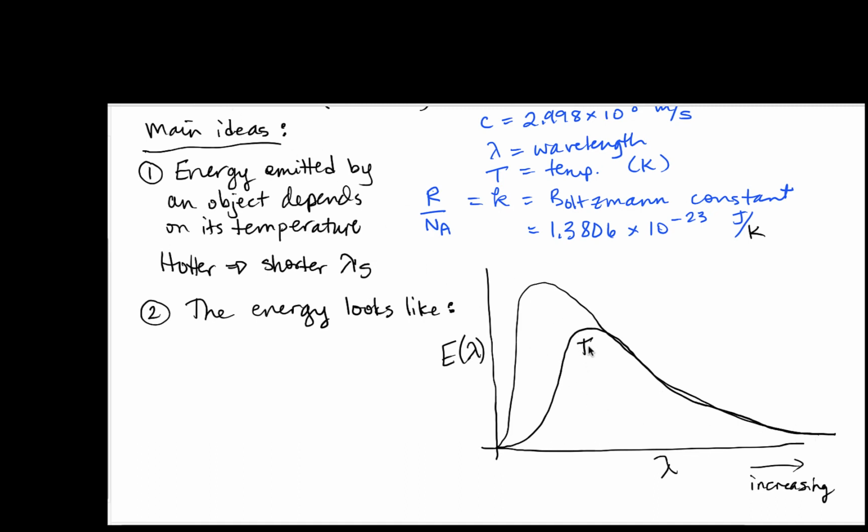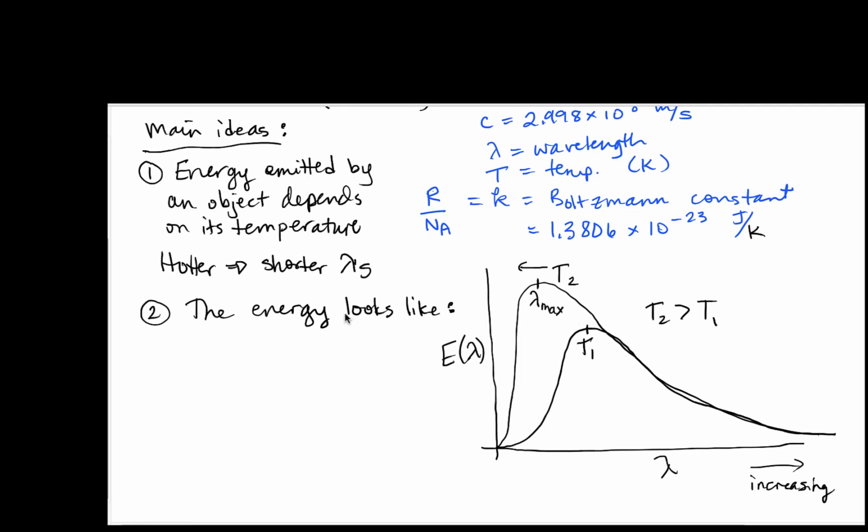But anyway, if this is T1 and this is T2, then this curve is for the hotter of the two objects. And what you get out of this curve is that hotter objects release more energy, and the maximum wavelength location, we're going to call this lambda max, is shifted to shorter wavelengths.